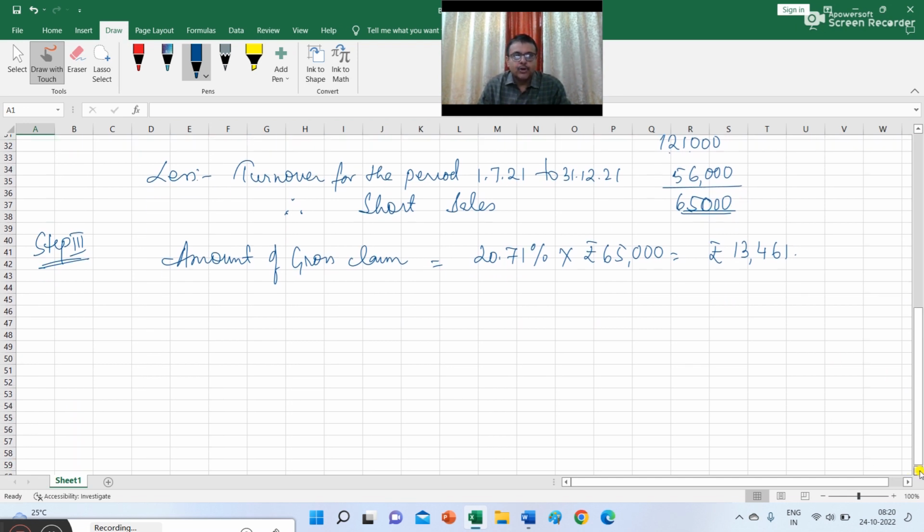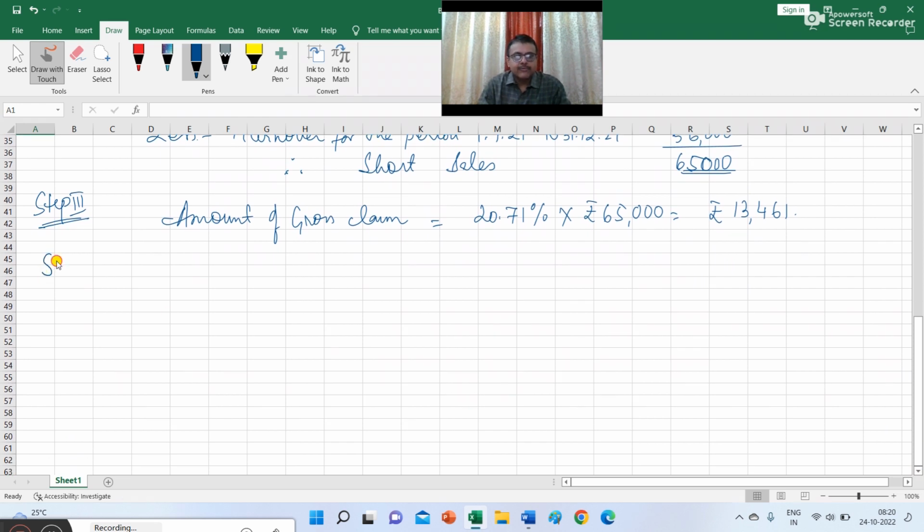Now in step 4, we have to calculate the expected value of sum insured. For the purpose of expected value of sum insured, we have to consider the turnover for the year ending 30th June 21.